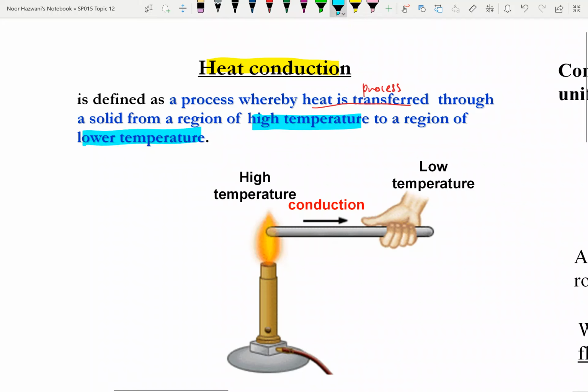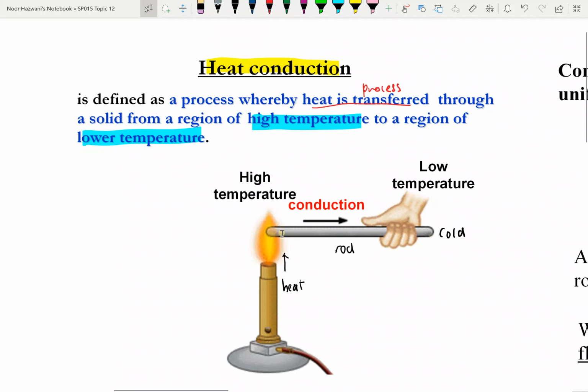Okay, contohnya dekat dalam contoh ni, kita ada sebatang rod, dan rod ni you panaskan, guna yang ni macam lilin lah kan. So, ini adalah source of the heat. So, bila you panaskan, hujung ni mestilah cool.